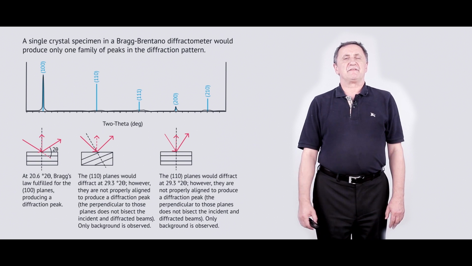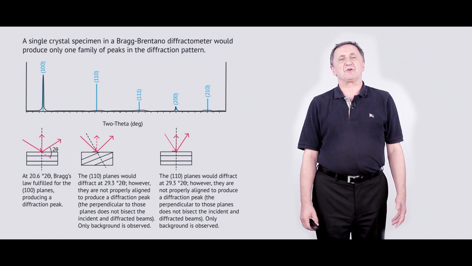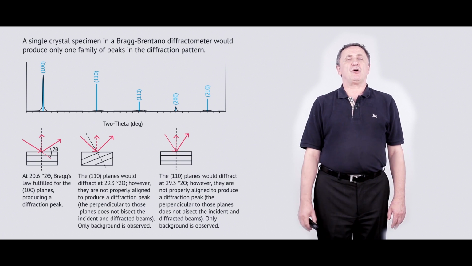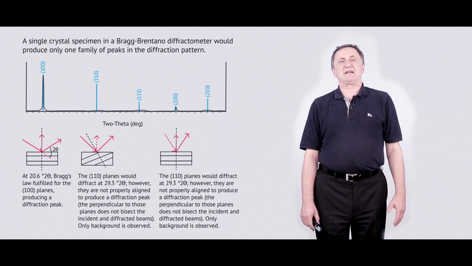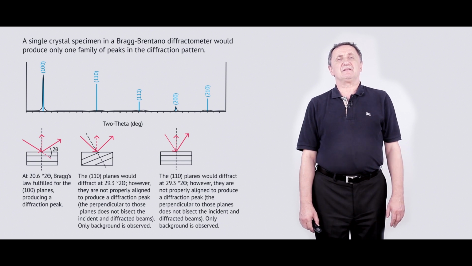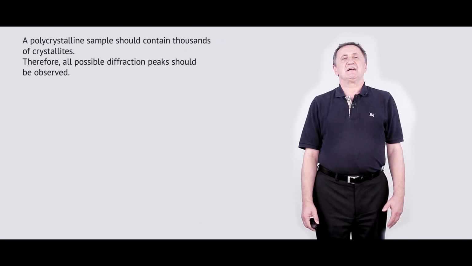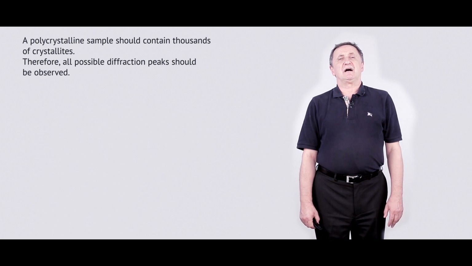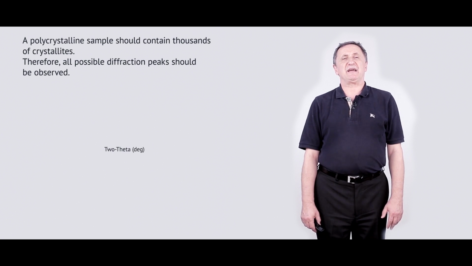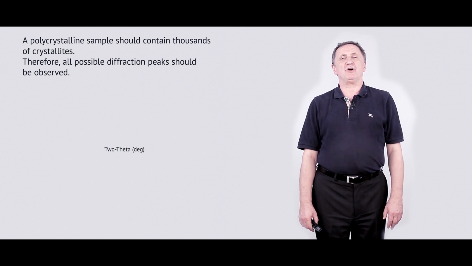While the other planes, for example 110, are not in the optimum position relative to the beam. In this case, we will not see a big peak from the diffraction from the 110 plane. It will be some kind of noise there.